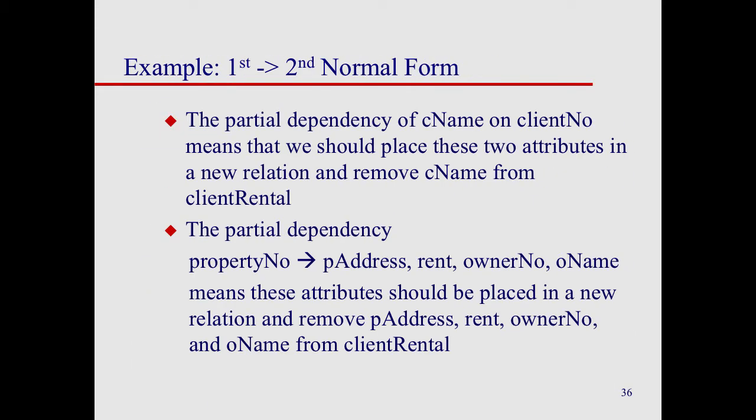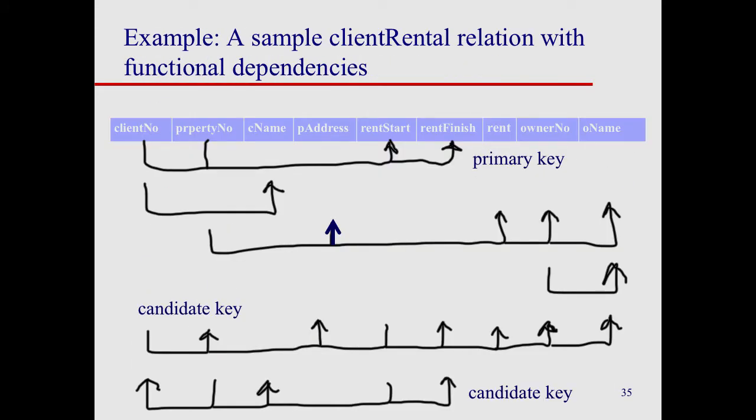Now, one important thing. I chose as my primary key client number and property number. I could have chosen two other keys as the primary key. If I had chosen a different key as the primary key, I would have ended up with the same third normal form relations.